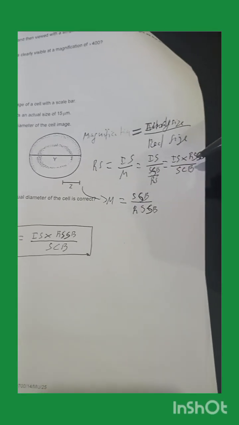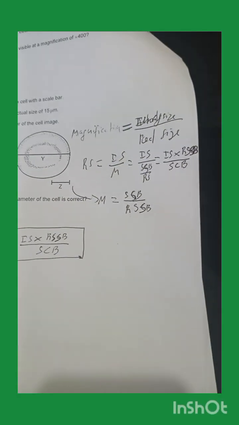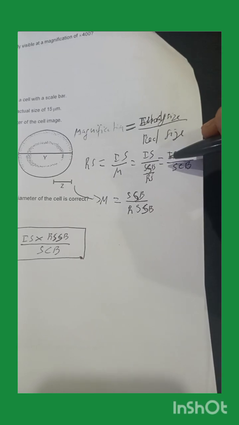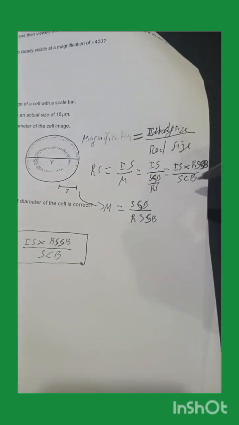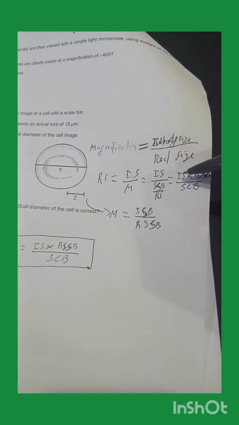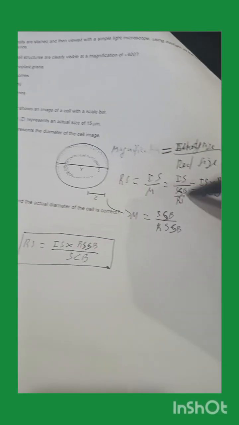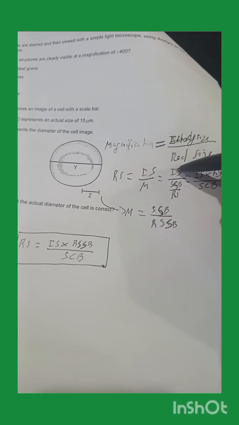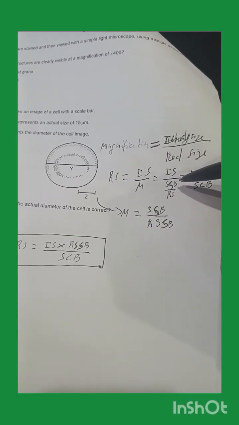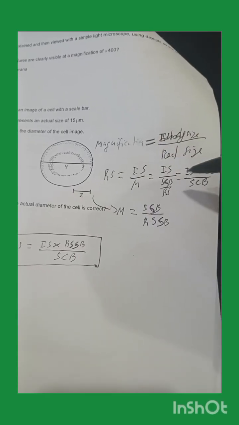Now just use mathematical rules here, and you are going to have image size over real size. We're going to have real size is equal to image size times, this was the denominator. Now we're dividing by SSB over RS, so just use that mathematical rule.